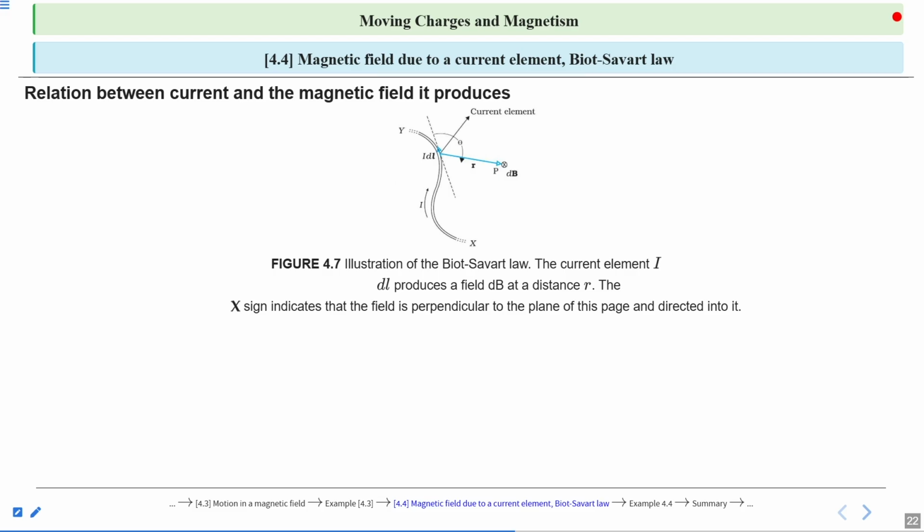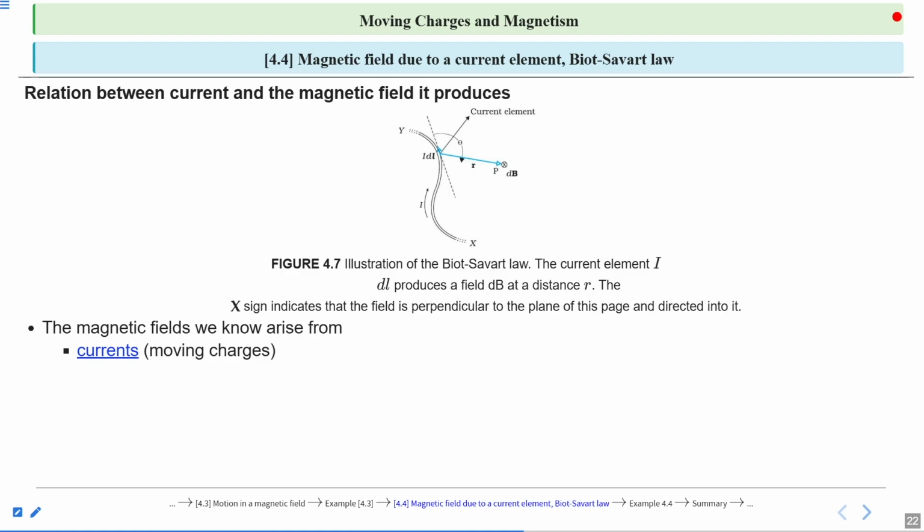The current element I dl produces a magnetic field dB at a distance r. Magnetic field, we know, arises from currents. We have discussed Oersted's observation that moving charges or currents produce magnetic fields.